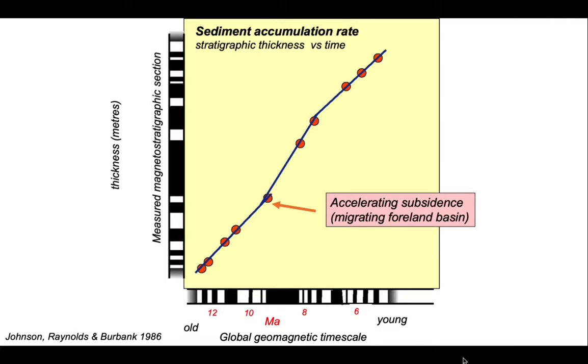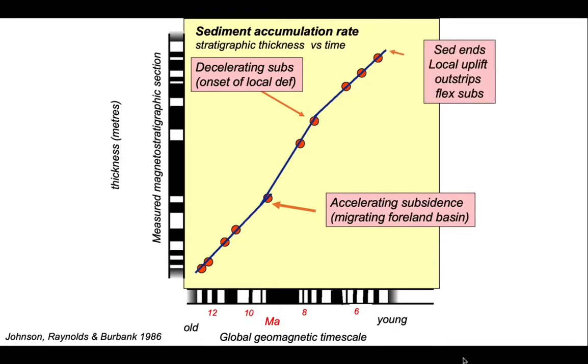But further up this history, we've got a reduction in the sediment accumulation rate, therefore presumably a decelerating subsidence rate. We can infer that the flexural subsidence is now being competed against by the folding of the substrate. So this inflection point here marks the onset of local deformation.